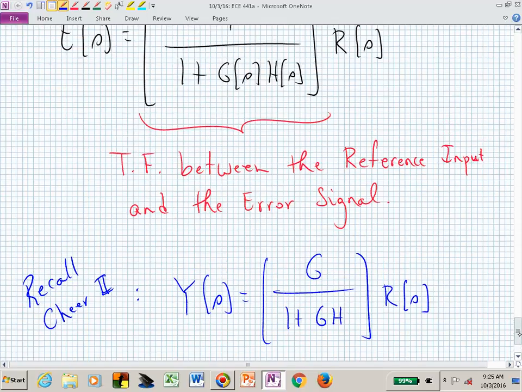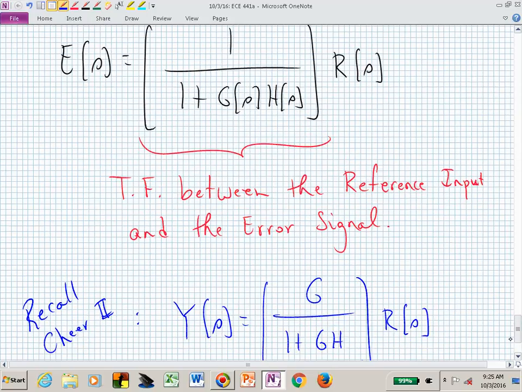And now you can see the distinction between the transfer function between the reference input and the error and the reference input and the output. They differ not by very much. The denominator is still the same, isn't it? It's 1 plus GH, and that's what gives us the dynamic behavior.